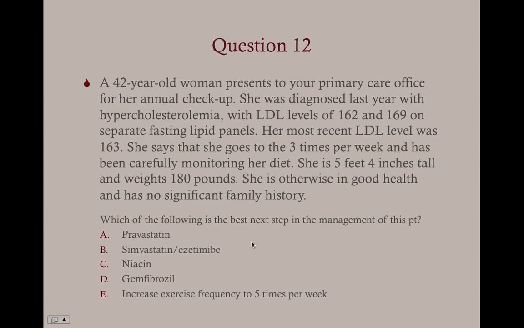Then it will be respectively 160, 130, 100, or 70. If you're more than 30 points above the upper limit of normal, then you'll just go straight to anti-hypercholesterolemics.